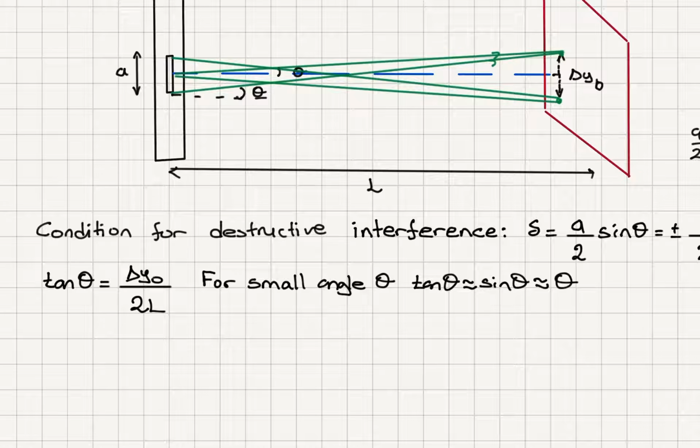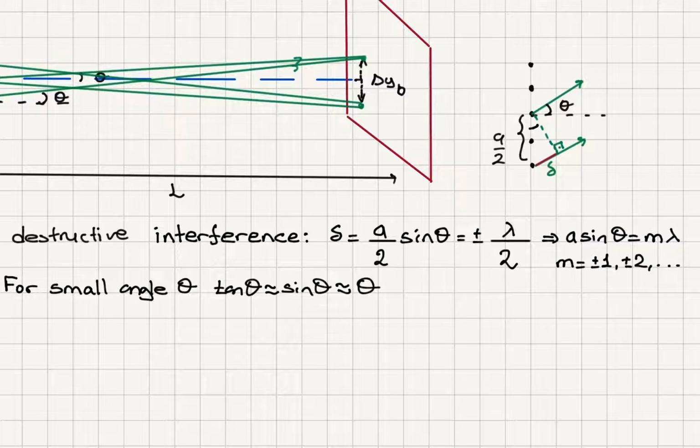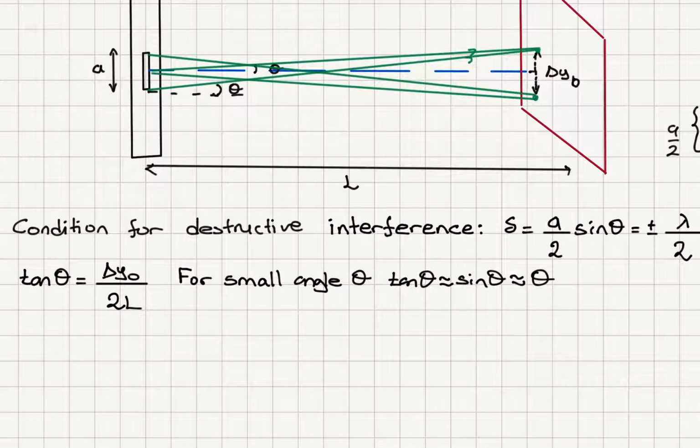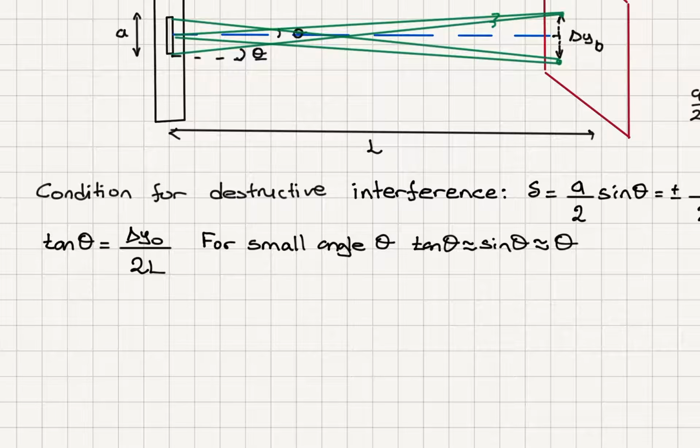Okay, so sine theta is equal to m lambda over a is our diffraction condition, but for the first destructive interference we will have m equals 1, so it's going to be lambda over a. So delta y0 over 2L must be equal to tangent theta, which is sine theta, and sine theta is equal to lambda over a for the central maximum.